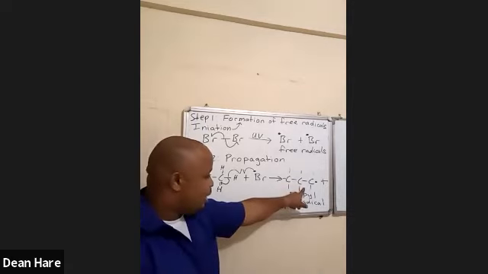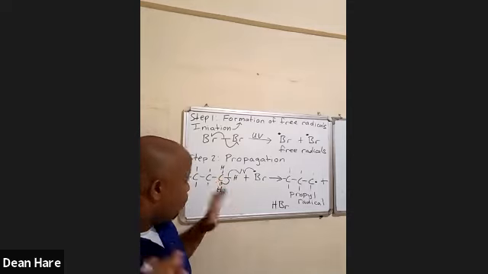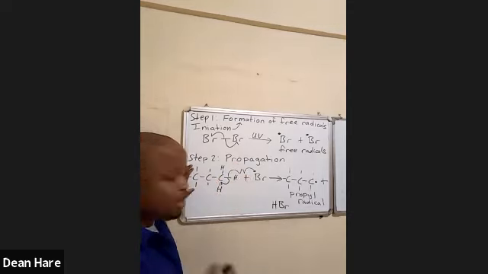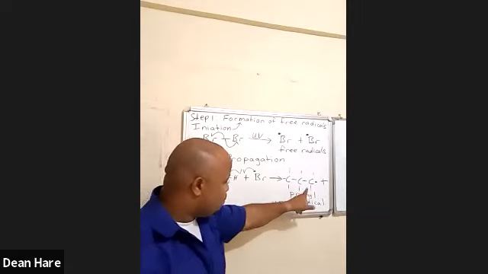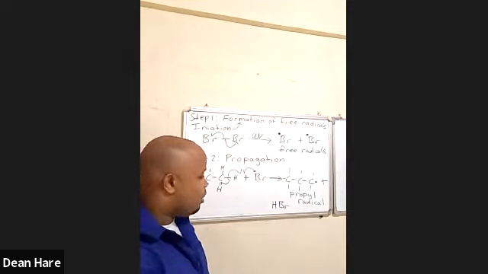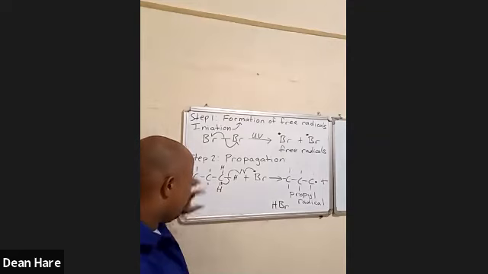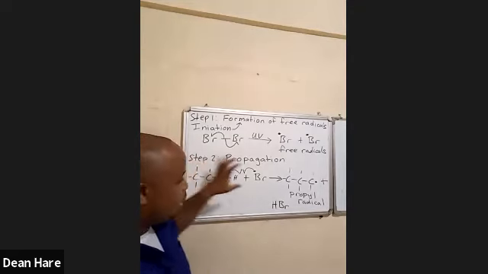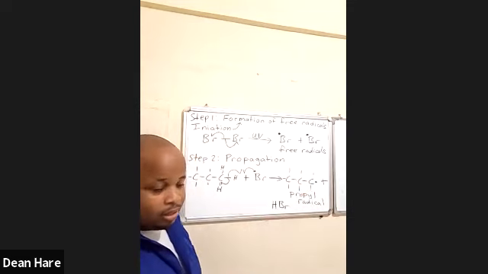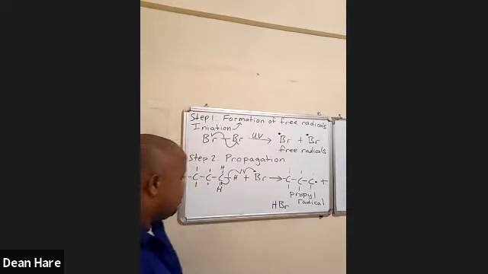So in step 1 of propagation, your alkane molecule will be converted to a radical. So if it was methane, you would have got your methyl radical. So your alkane molecule is converted into an alkyl radical, and you get the molecule of HBr.